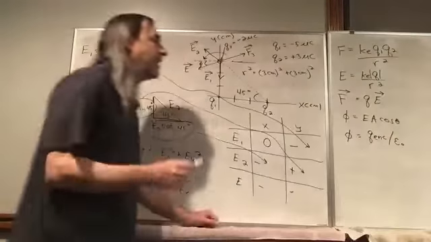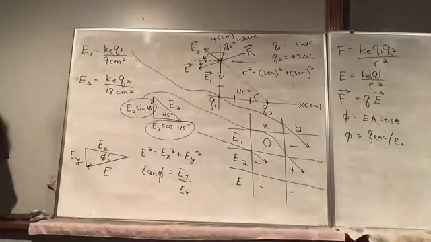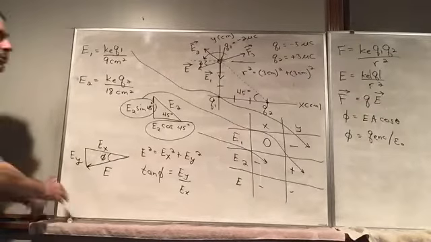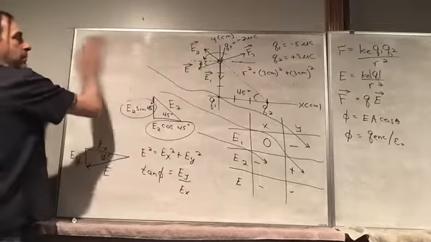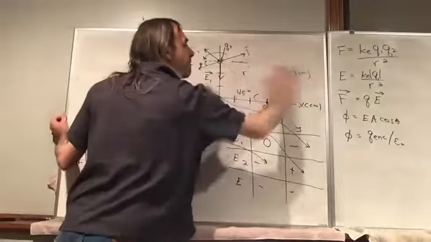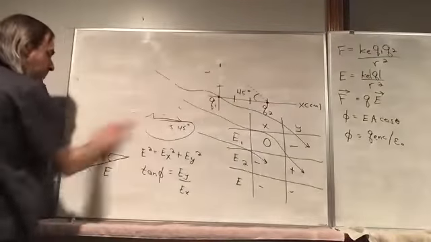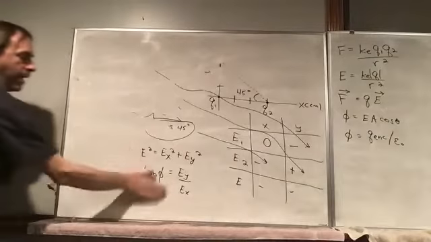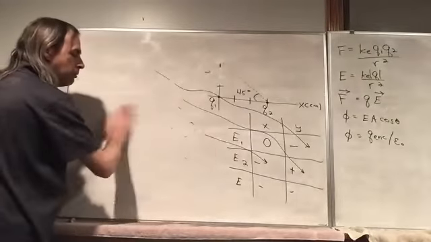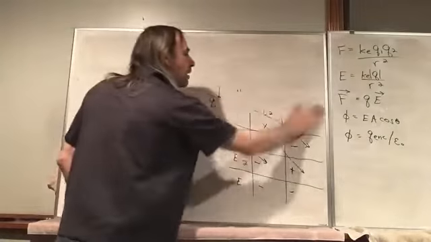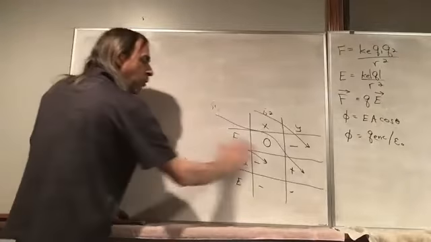So what Gauss's law says is that the flux through any closed surface is equal to charge enclosed over epsilon naught. We have to talk about flux.